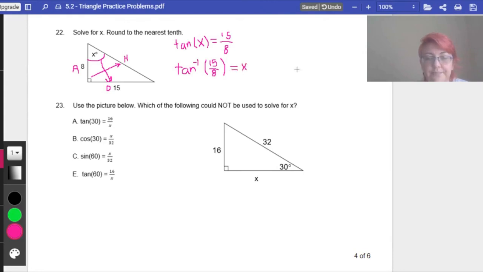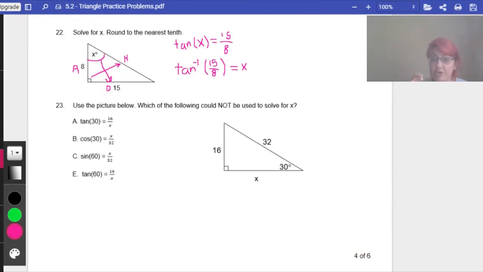All right. Now, if you're on your graphing calculator, you're going to hit the blue button and then the tan button before putting in 15 divided by 8 and closing parentheses. Now, if you're on your phone, again, going to your calculator app, you'll see in capital letters INV.